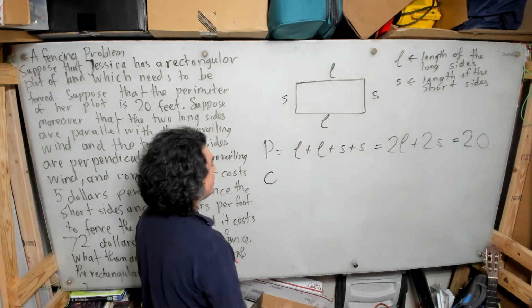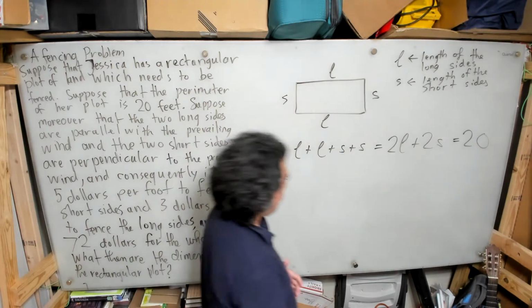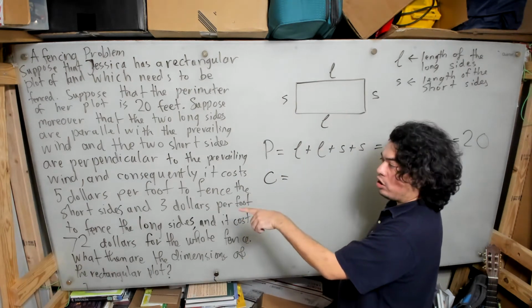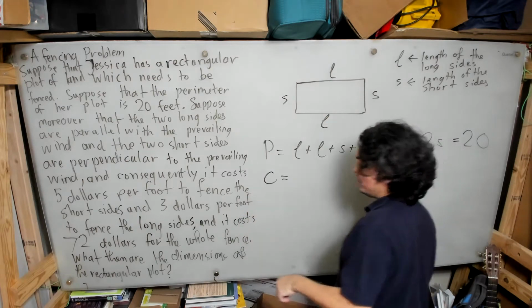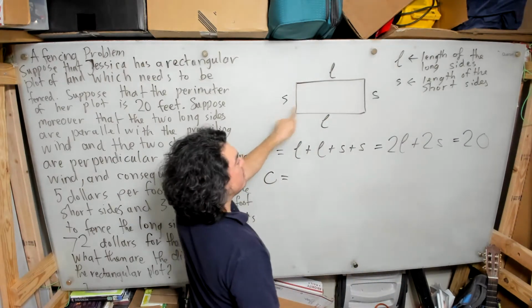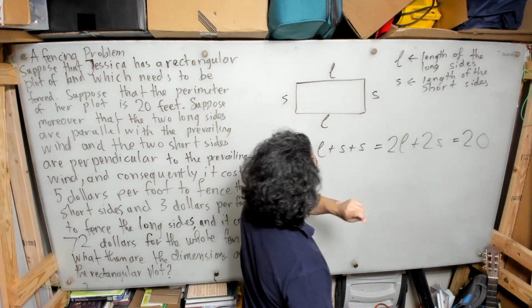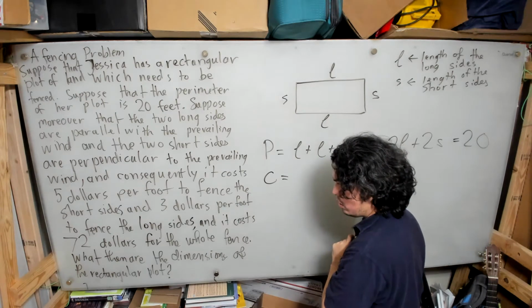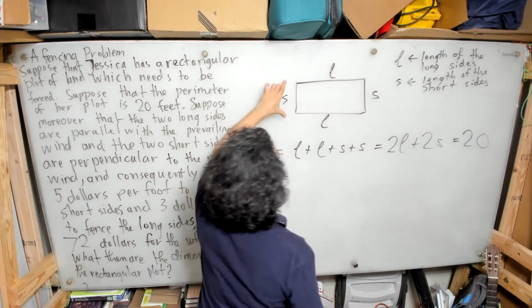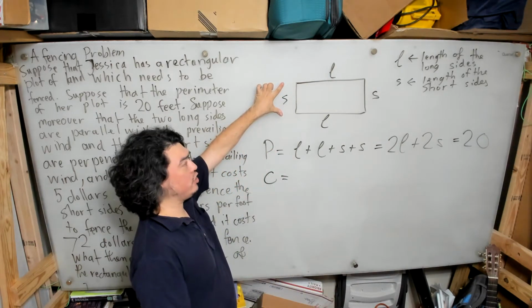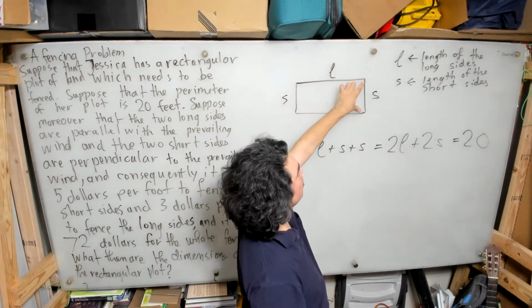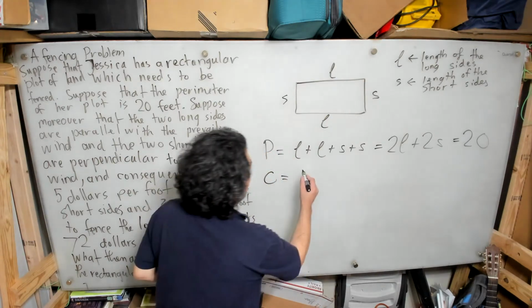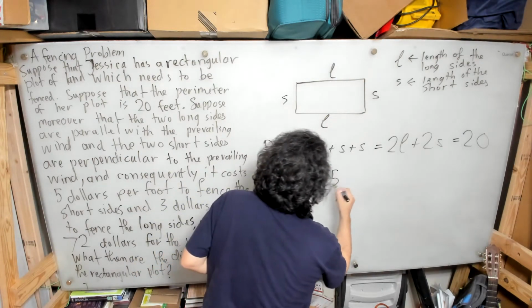So let's call the cost C. It's $5 per foot to fence the short sides, so it'll cost 5S to fence this short side, and it'll cost 5S to fence this short side, for a total of 5S plus 5S.